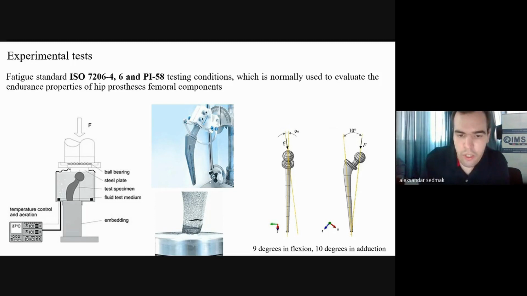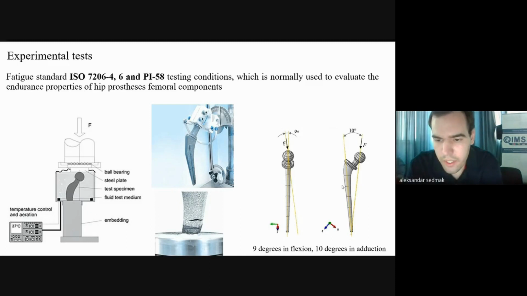On the picture in the middle, up, you see that you measure some angles of force application. So in the real case, looking at the right picture, a hip implant is placed under a minor angle between two axes. In one axis, it is displaced by 9 degrees in flexion and displaced by 10 degrees in adduction.